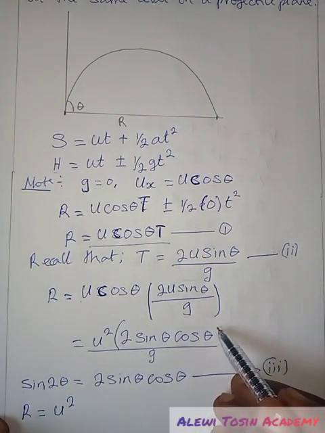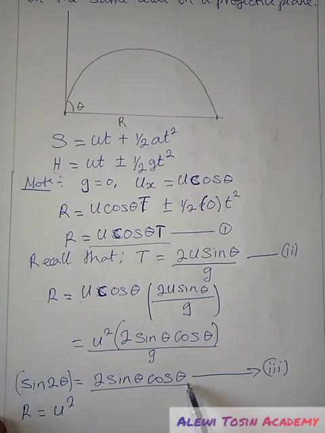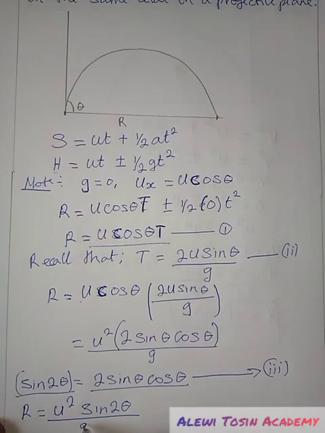The 2 sine theta cos theta will be replaced with sine 2 theta over g. That gives us the formula for the range of a projectile.